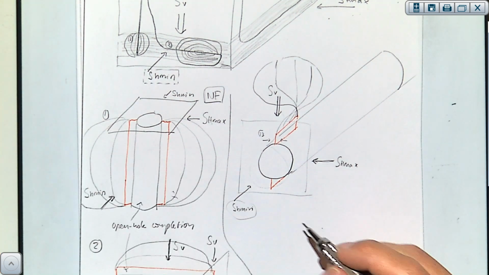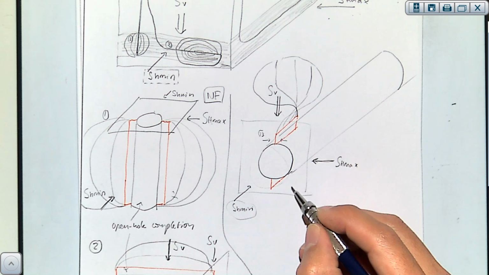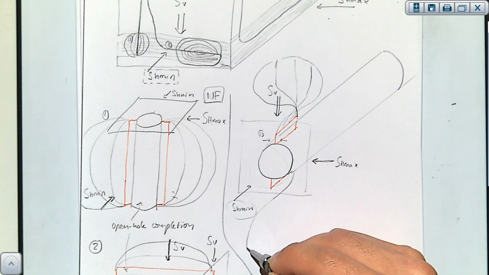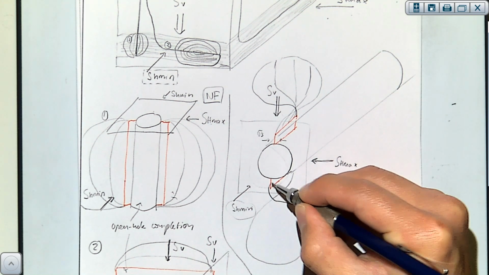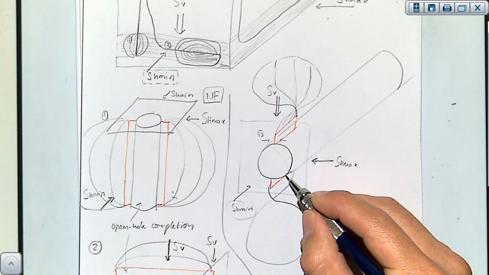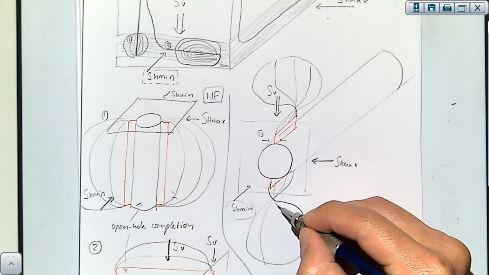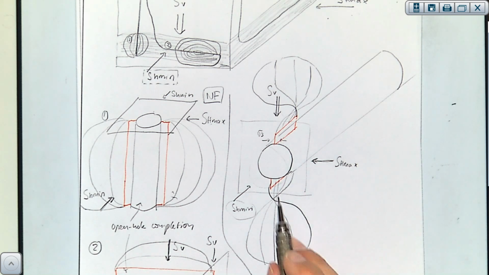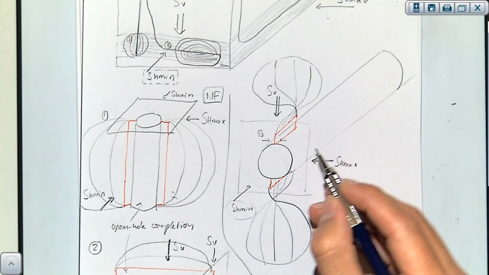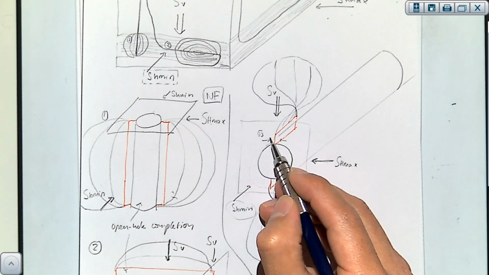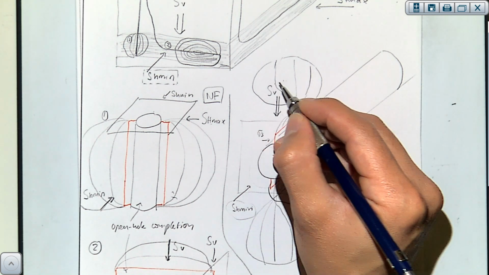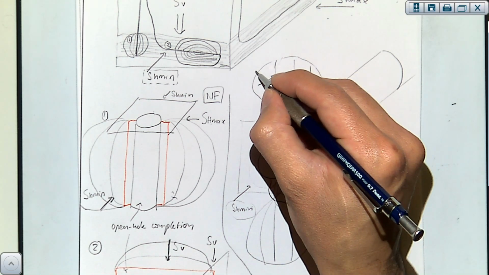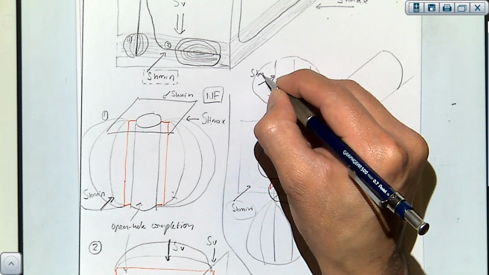Let me see if I get this one a little bit better. This is going to start somewhere over here. It's going to be something like this. While this surface starts perpendicular to the local minimum principal stress, as it gets further away, the plane is going to be perpendicular to sigma h min.